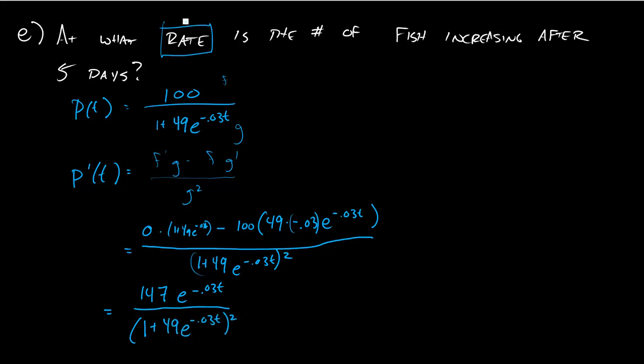Now, to get your rate at 5 days, you'd plug in t equals 5 to get that P prime of 5 is equal to 0.0679, and this would be fish per unit of time, so we'll say fish per day.